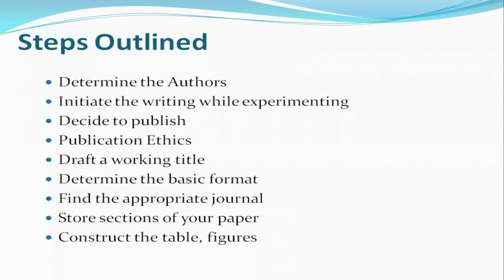So, according to the basic format which has been determined, say, introduction or literature review or methodology or maybe results, discussion, and conclusions, you should store the material which is required for each section of your paper. That will help you in writing the whole article in a cogent form.